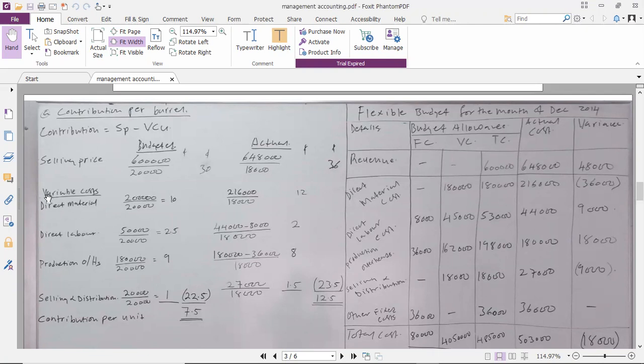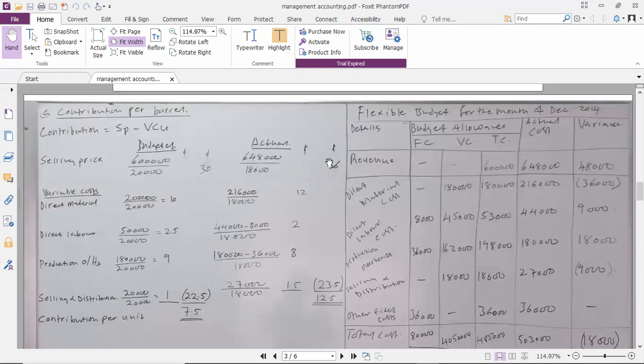Bear in mind, we are looking for variable cost, so you are not interested in the fixed cost. Selling and distribution, 20,000 divided by 20,000, you get 1. So the other fixed cost does not come in over here. So your total variable cost budgeted is 22.5. Subtracted from the 30, you get 7.5 contribution per unit.